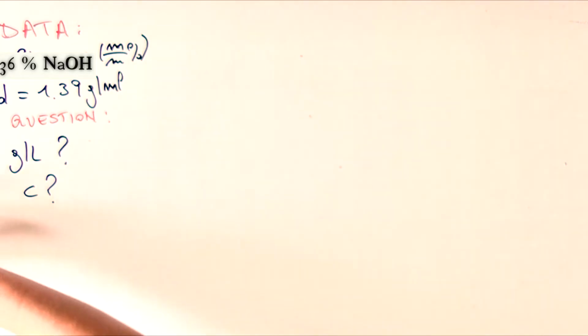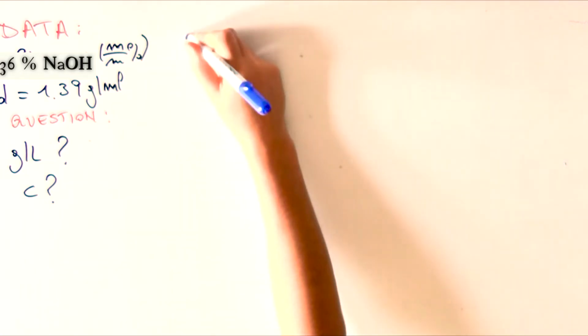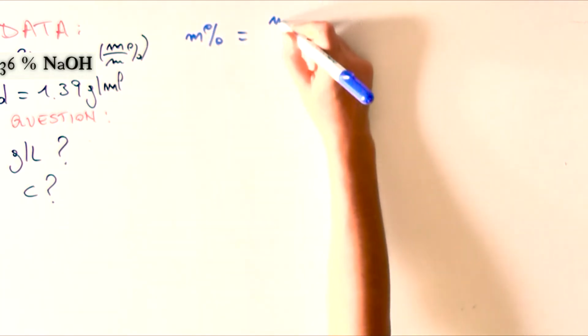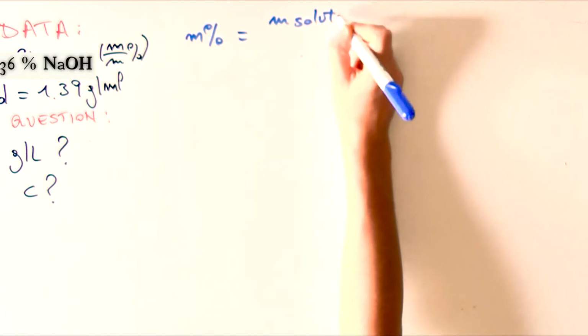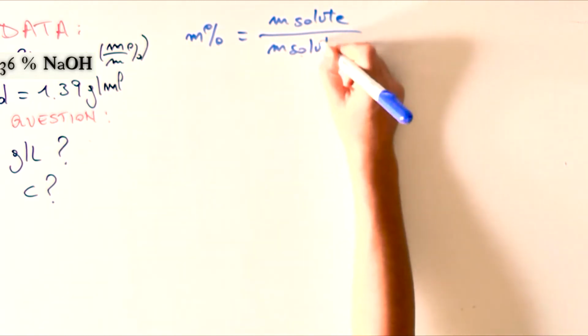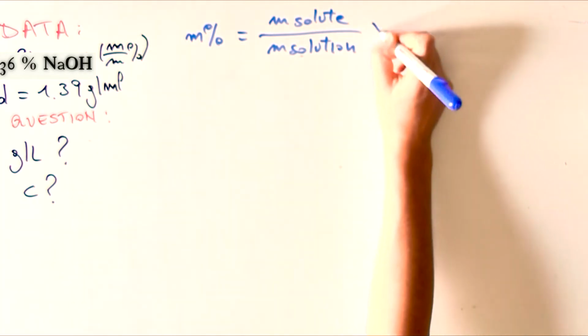How to do that? Okay, as usual, write the definition of all of them. So let's write the definition of mass percent, which is mass of solute divided by mass of solution times 100.